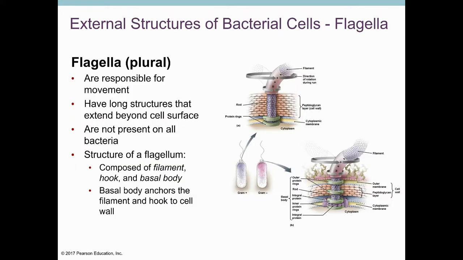All right, you also have flagella. Flagella, you're probably familiar with. Bacteria can have flagella, and they're made up of microtubules. We're not going to get into the details of the structure. They're hooked into the cell wall and the cell membrane, but then they extend out of the cell beyond the surface of the cell. Not all bacteria have flagella, but a bacterium that does have flagella is said to be motile, that means it can move.